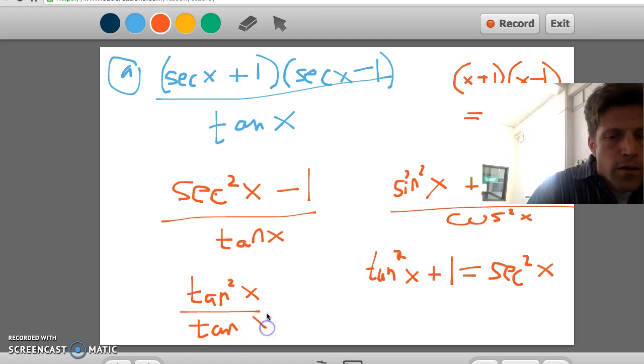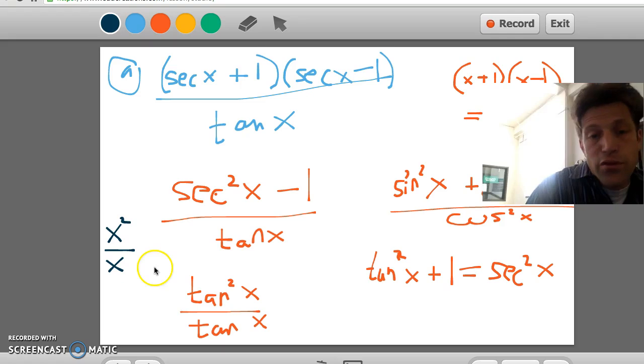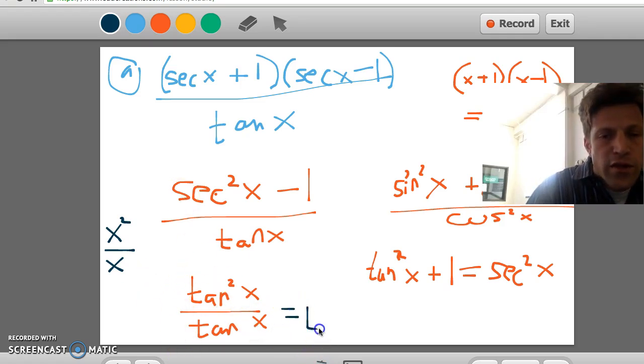Just like x squared over x equals x, tan squared x over tan x equals tan x. And that's going to be the final simplified expression. That's as simple as we can get it.